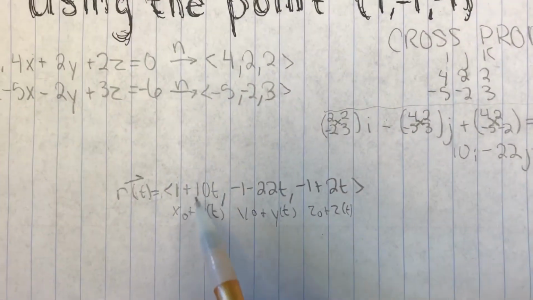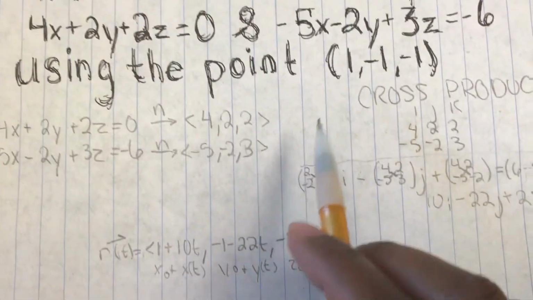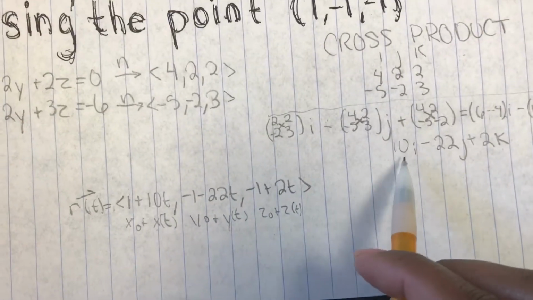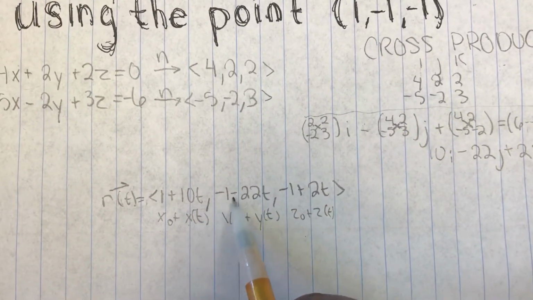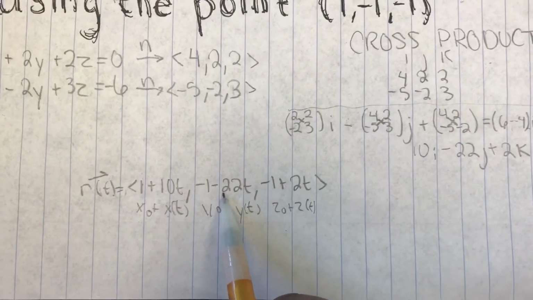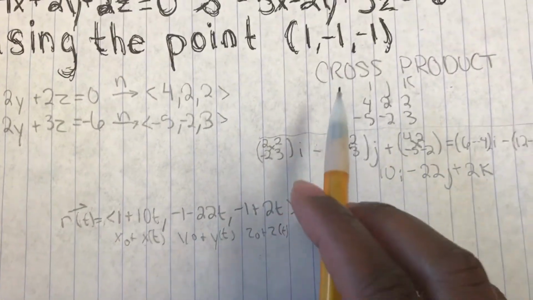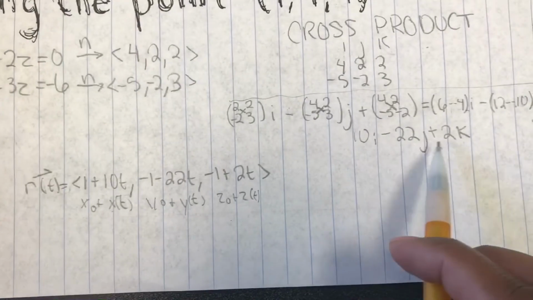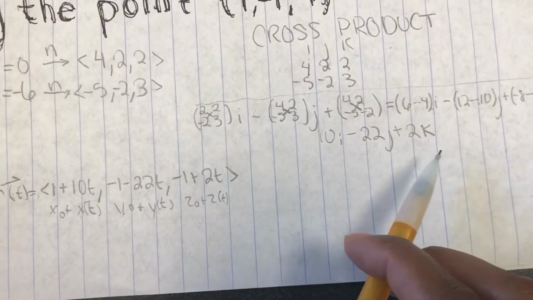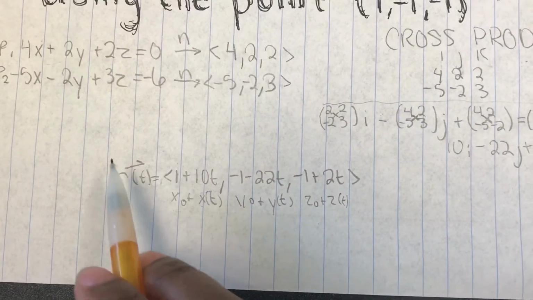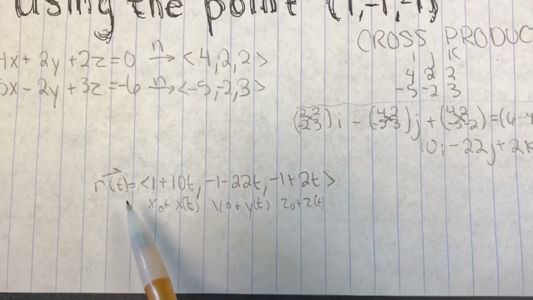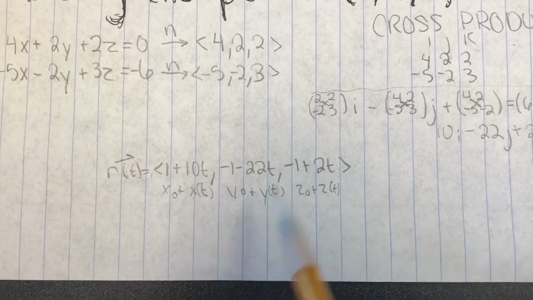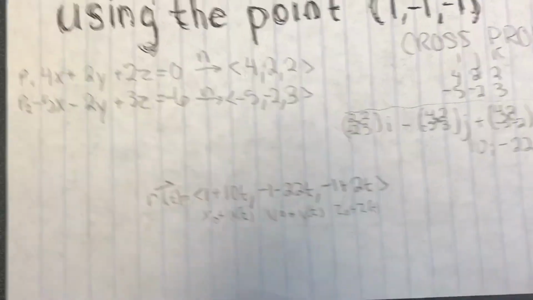So you have 1 from the point plus 10t, which is the component, and then you have -1 minus 22t, and then you have -1 plus 2t, and you get that from k. So this is the equation of the line that is parallel to the intersecting line of the planes.